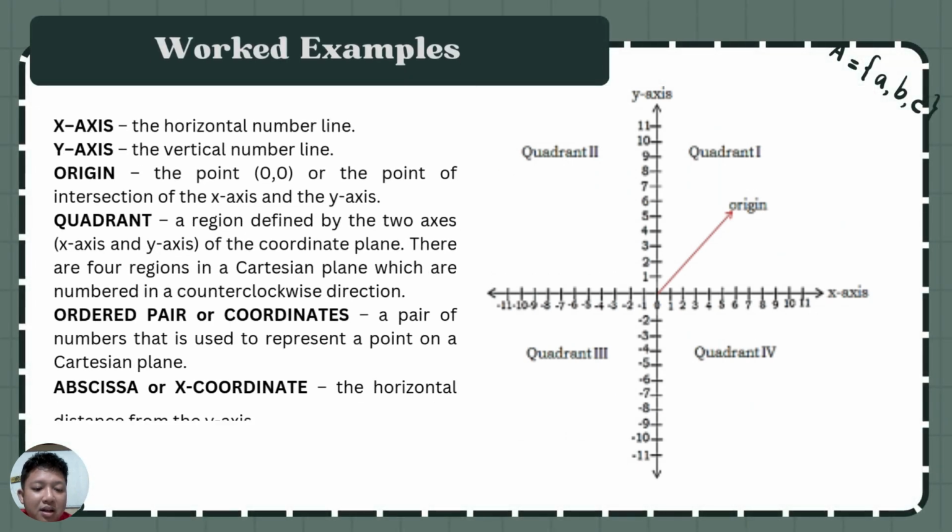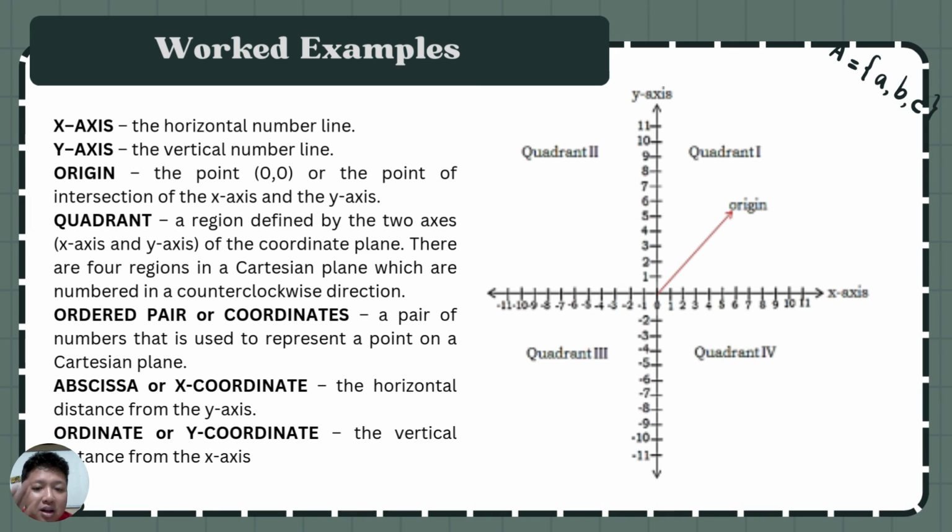So next, I'm going to present to you the actual visual presentation of a Cartesian plane. And of course, I also posted here the definitions of these parts of a Cartesian plane.